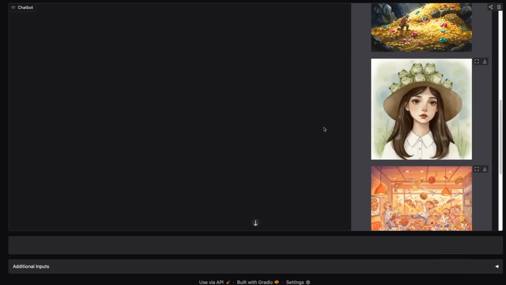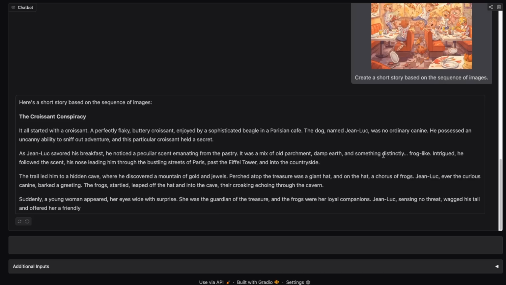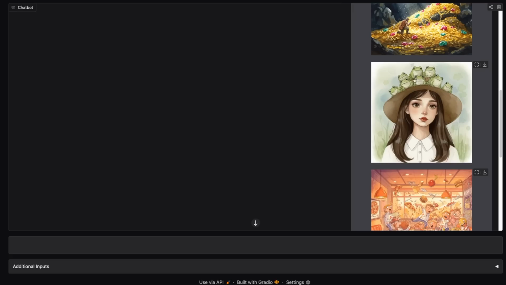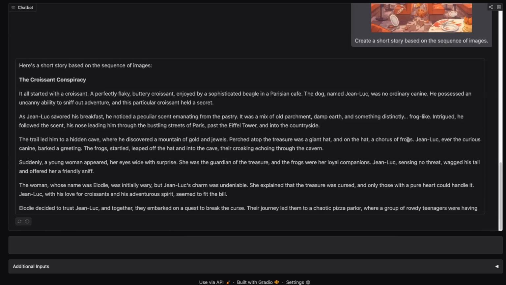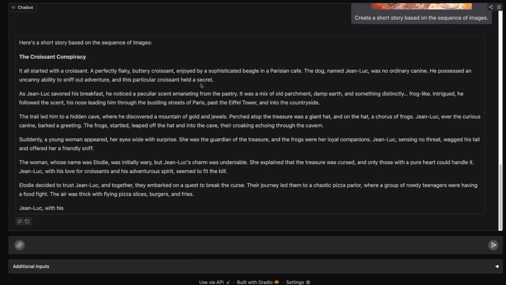We've got some gold, we've got a girl in there, the girl with the frogs on her hat, etc. And pretty much most of these images have been used in addressing the story. So this is kind of cute for lots of different ideas that you could play around with.